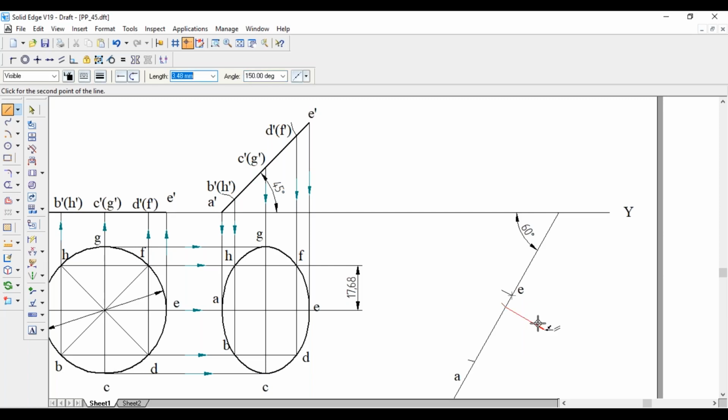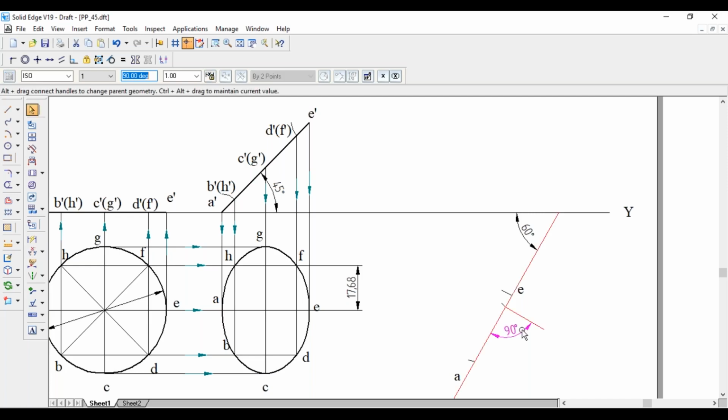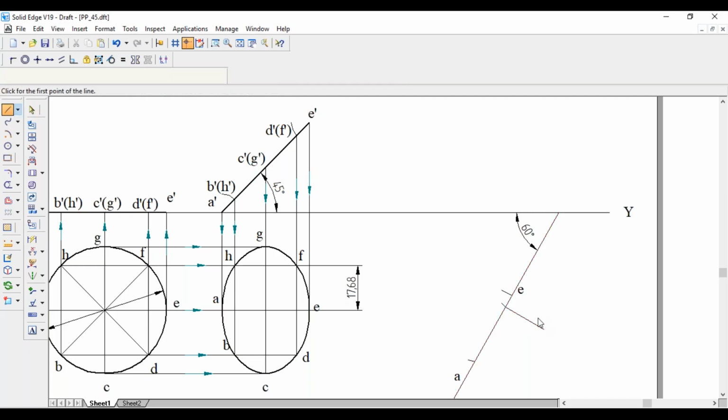We can observe this angle should be 90 degrees, perpendicular. Similarly, this side also 17.68 mm. Now from this end point also 17.68 mm.